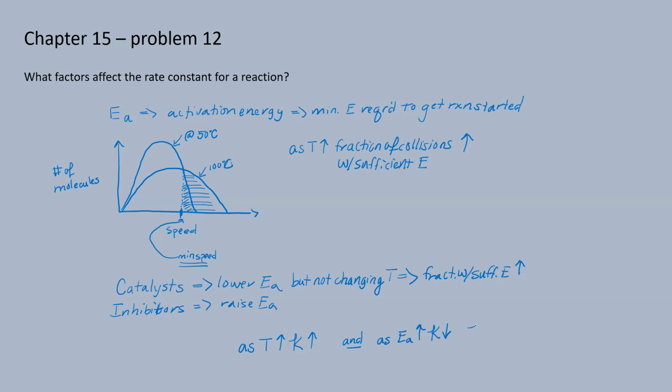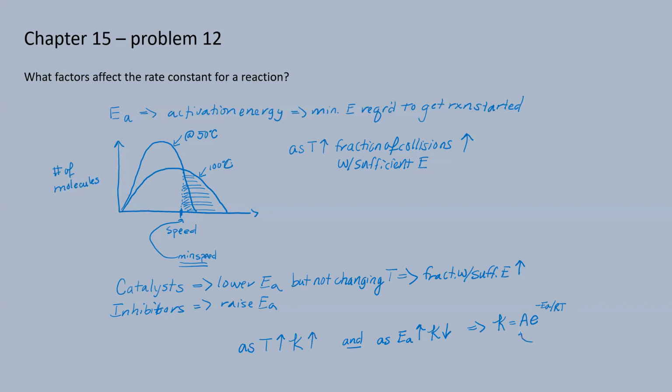This can be seen in what's called Arrhenius's equation. So he said that the rate constant is a constant called the Arrhenius exponential factor constant times e to the negative activation energy over RT.